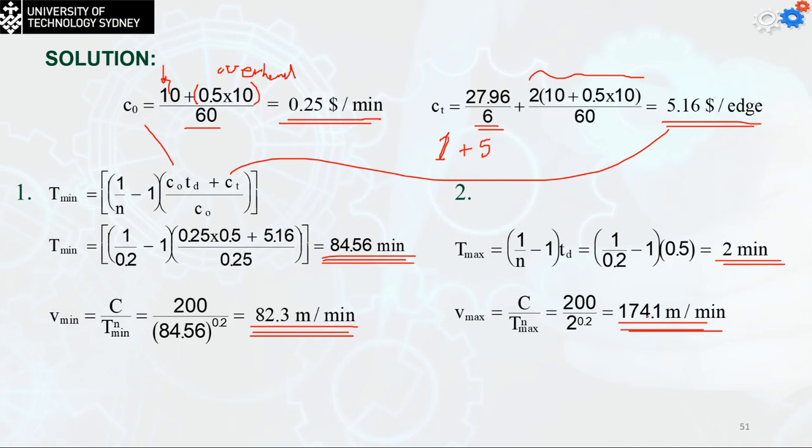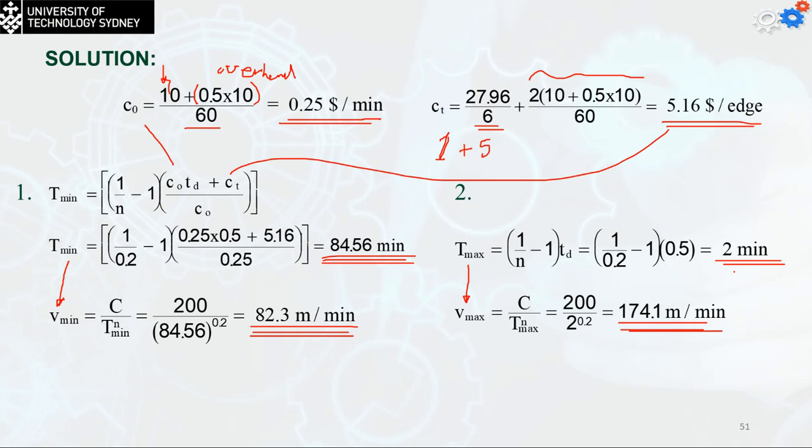So you can see this is the actual V maximum, this is the V minimum. We say T minimum because it's related to the minimum speed, and we say T maximum because it's related to the maximum speed. This will run only for 2 minutes before we need to change the tool. That's why the production rate can be considered the highest, but the tool cost is going to be too much because we need to change the tool every 2 minutes.